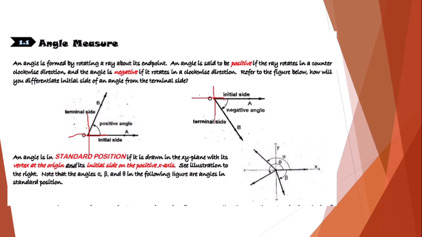You probably know the x and y coordinates: the horizontal is the abscissa, and the vertical is the ordinate, or the y-axis. Since it starts on the x-axis, we can say this is in standard position.